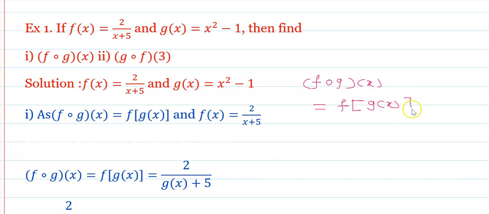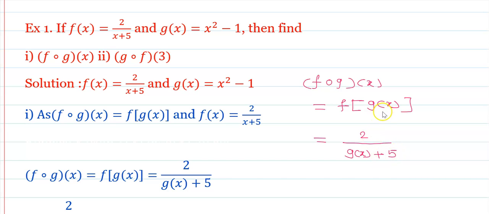g of x. But what does f of x say? That is equal to 2 upon x plus 5. Wherever it is x plus 5. Similarly here, f of g of x means 2 upon g of x plus 5.